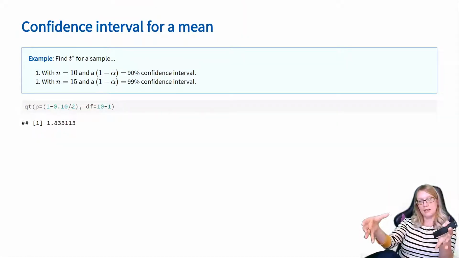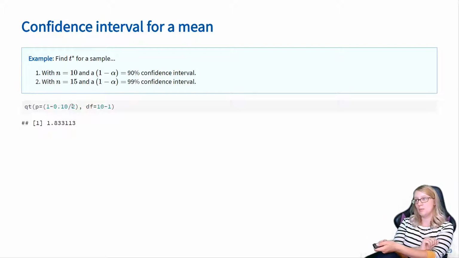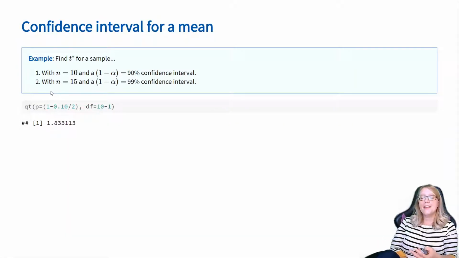If there is 90% probability in the middle, there is 5% probability on the left, 5% probability on the right. So our cumulative probability is then 5 plus 90. This will become 95. So it's a little bit complex, a little algebraic at first to figure out what these qt probabilities need to be. It turns out that the value of t star that we would use in this particular situation to get a 90% confidence interval is 1.83.